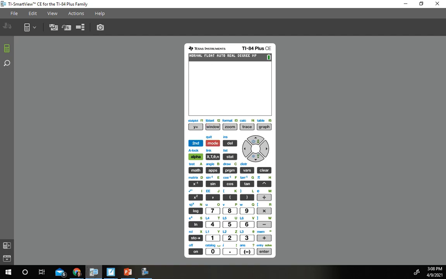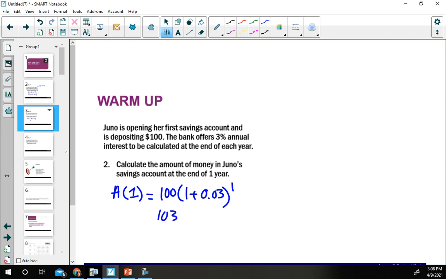So 100 times 1 plus 0.03 to the 1 gives us $103 in 1 year, gaining that 3%. 3% of 100 is $3. So if I gain 3% each year, after that year I'll have $103.